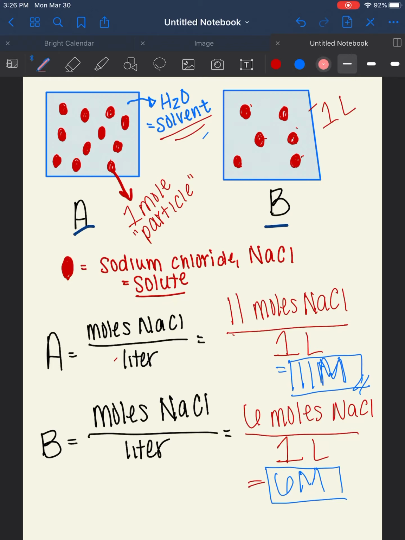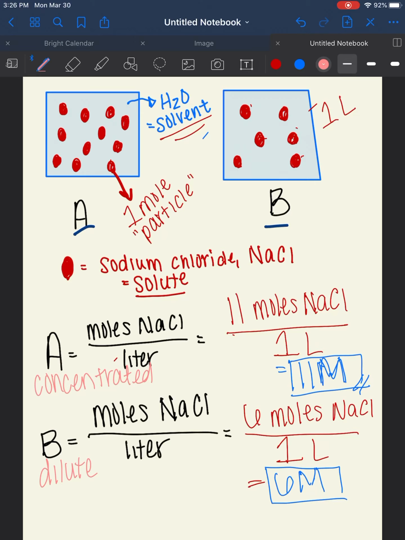So I would say solution A is more concentrated because it has more solutes in the solution, and solution B is more dilute because it has fewer moles, or fewer amounts of solutes in the solution.